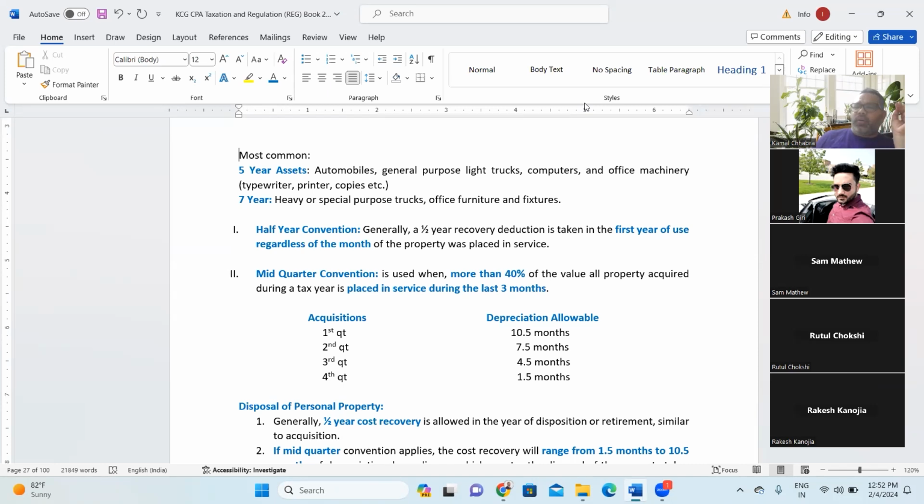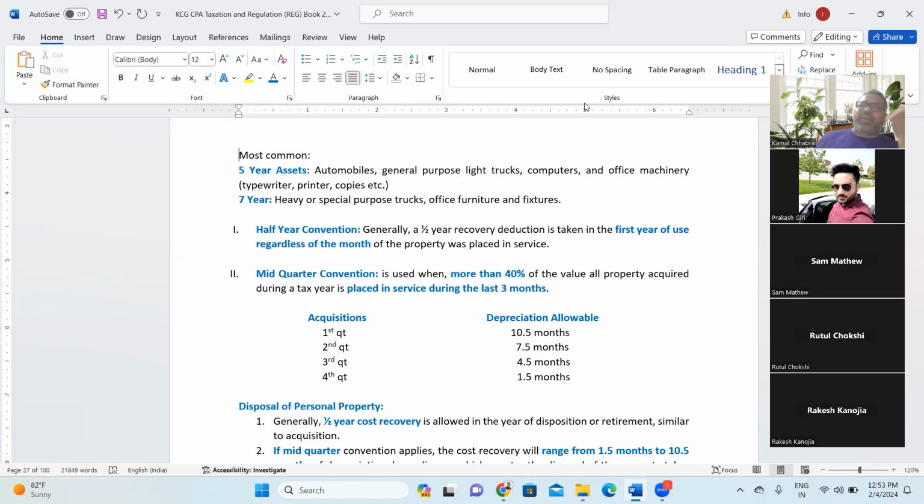So for real property, there is only one method, which is mid-month convention. But for personal property, there are two methods. The taxpayer can choose any of them, right? If the taxpayer has chosen the half-year convention method, then it is generally simpler. Whatever assets you have purchased during the year, for that you provide 6 months of straightforward depreciation.